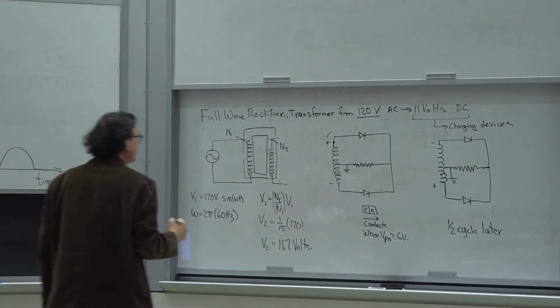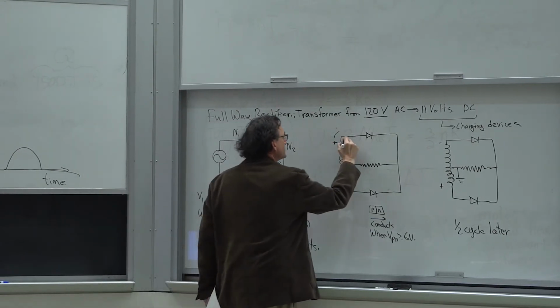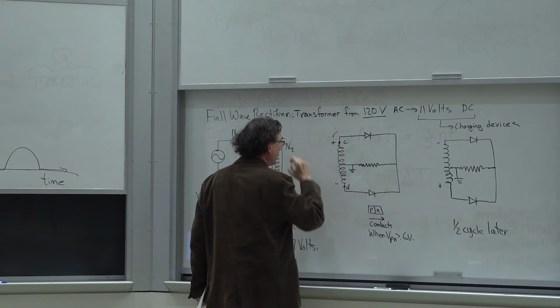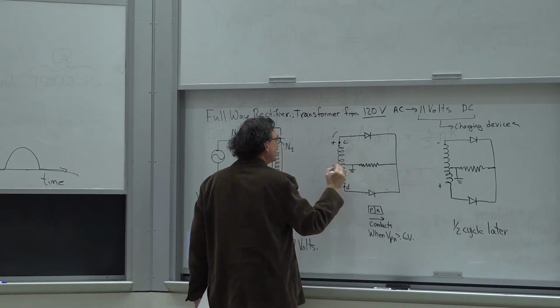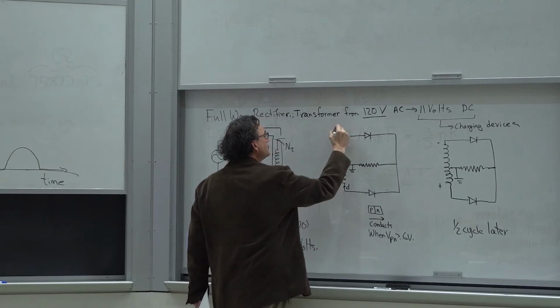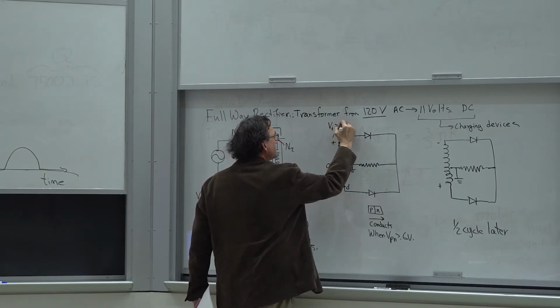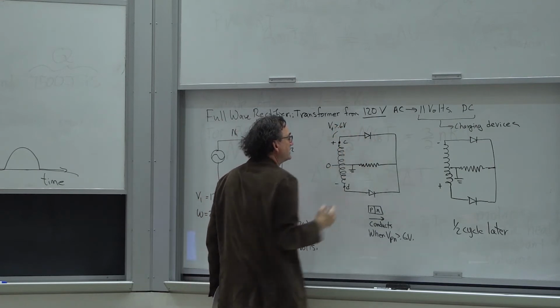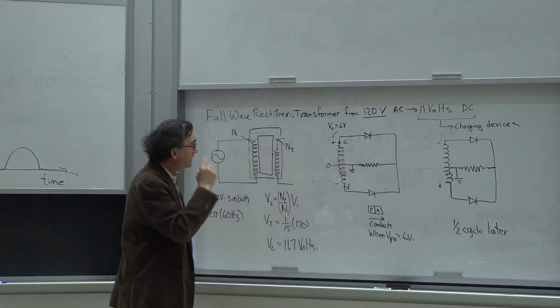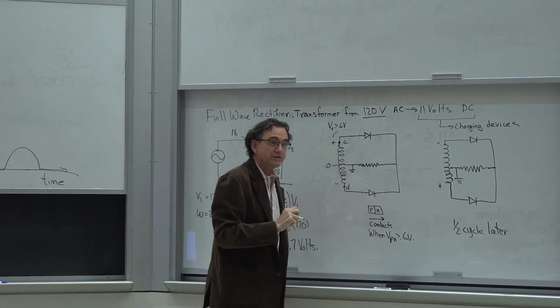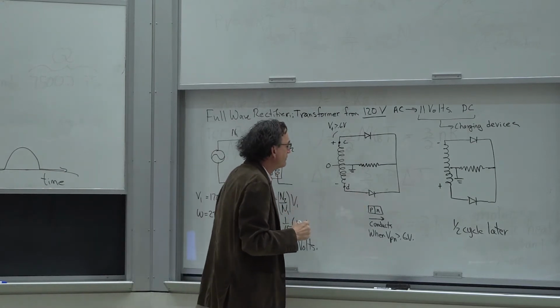I'm going to call this point C, and I'm going to call this point D. And of course, this point will be ground, which we'll just call point O. But when this potential V, we'll say V plus, gets above 0.6 volts, then this one conducts, right? But at the same time, this one is below negative 0.6, or below 0, as a matter of fact.